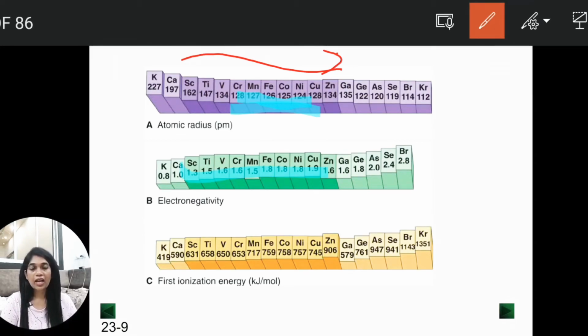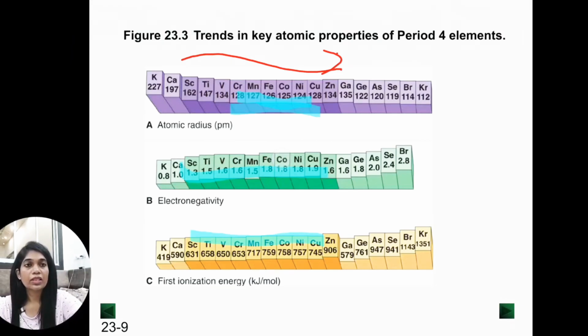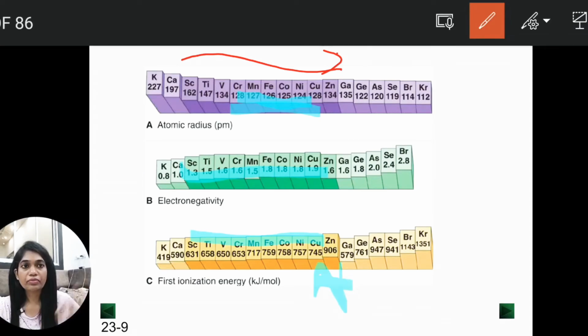Also, the first ionization energy for the 3d series, from scandium to copper, gradually increases, but in the case of zinc, the first ionization energy is much higher as compared to the other elements. Zinc has a completely filled outer orbital, so its electronic configuration is completely filled.